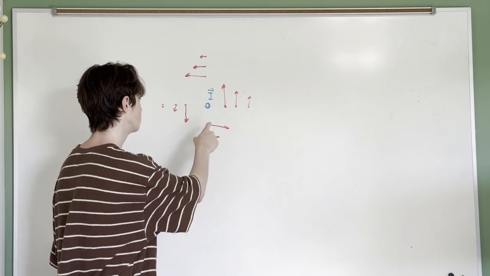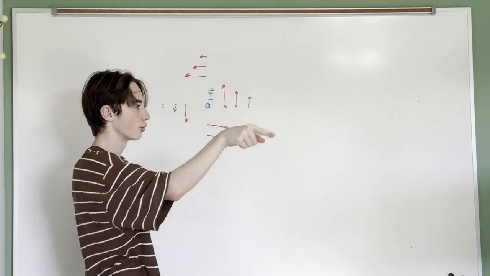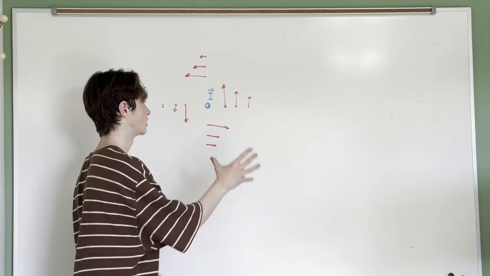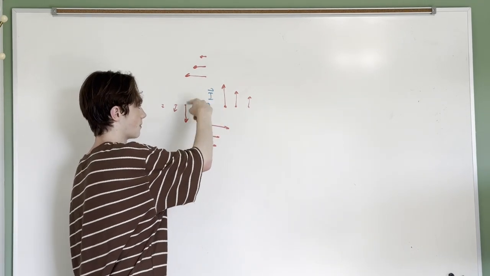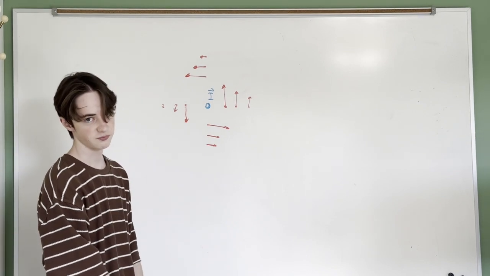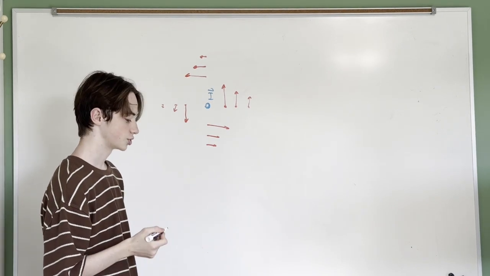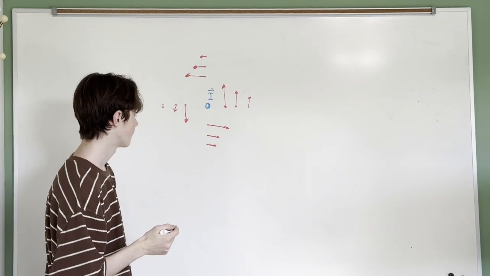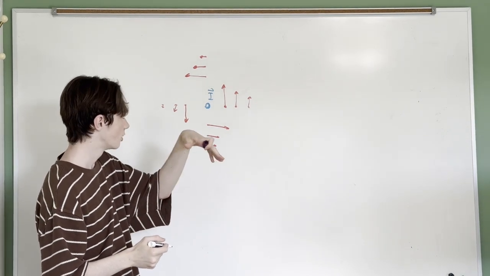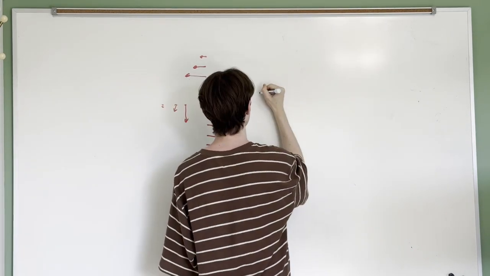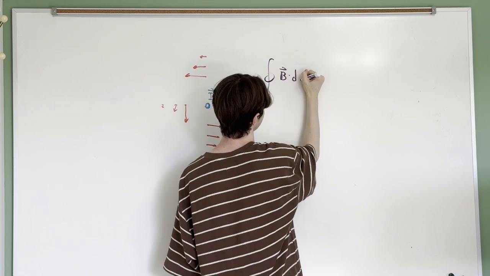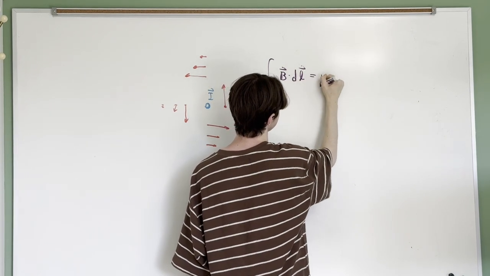In reality it could be curved a little bit or end somewhere over here, but as long as it's relatively large compared to the magnetic field we're measuring around it, then this law is valid because we're just trying to approximate the current. So for an infinitely long wire with a current in it, we have the formula for Ampere's law, which is the integral of B dot dl equals mu N I.